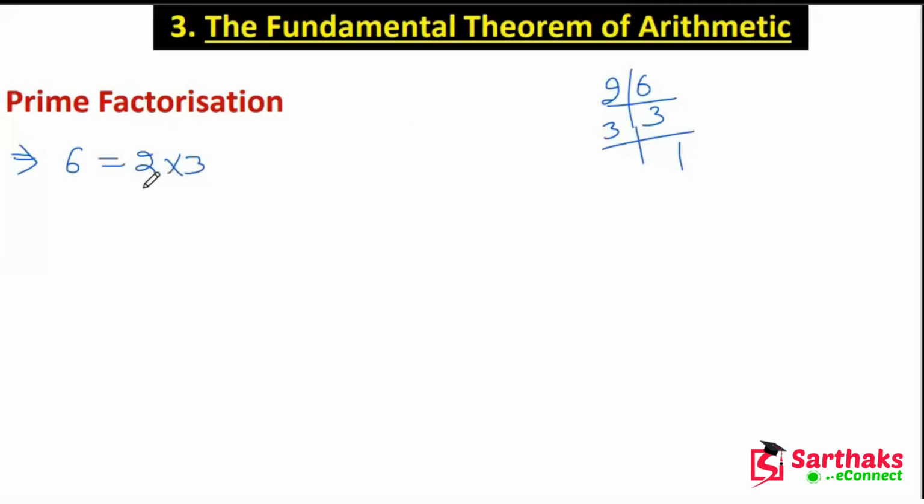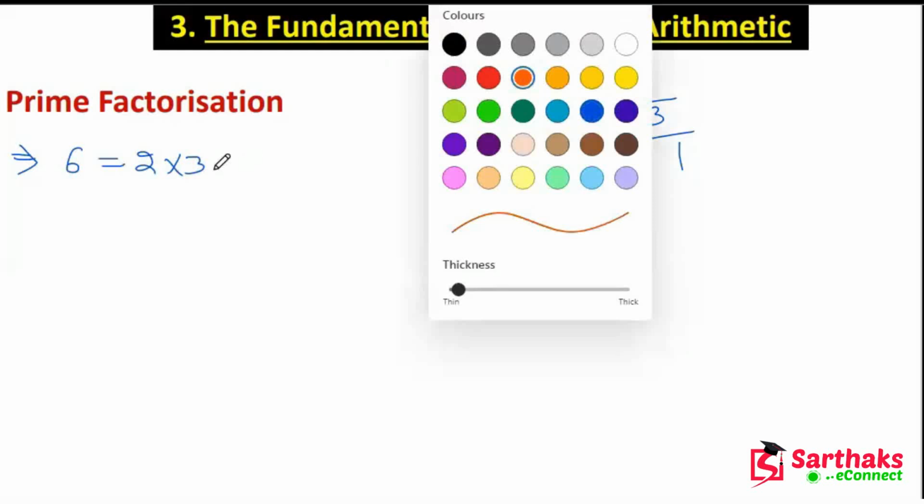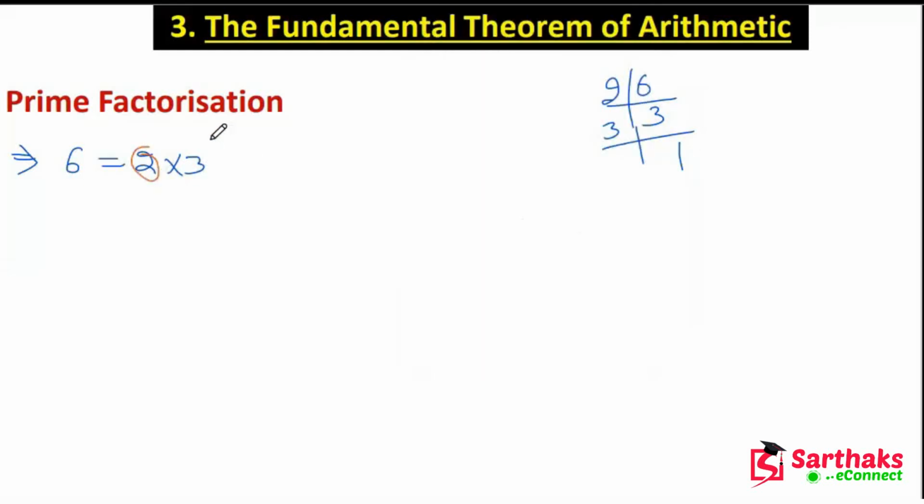These are the factors which are a product of prime numbers. 2 and 3 are also prime numbers.